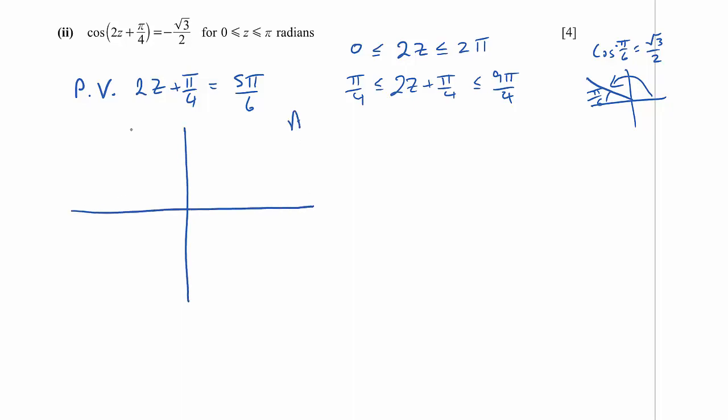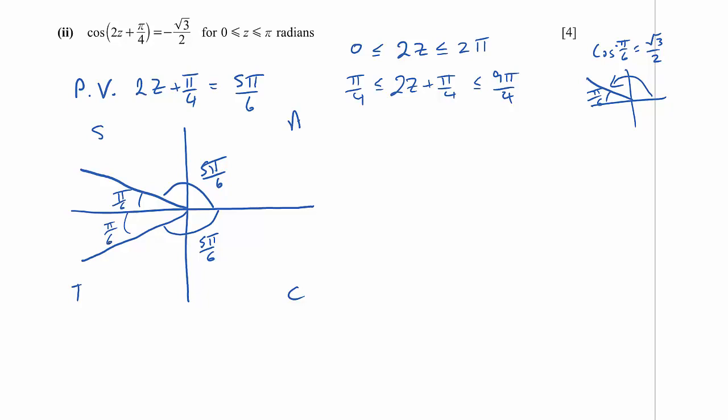So ASTC, we've already located the first one here as being 5 pi by 6, and the other one would be here, and this would be 5 pi by 6. The associated acute angles here, pi by 6 and pi by 6.